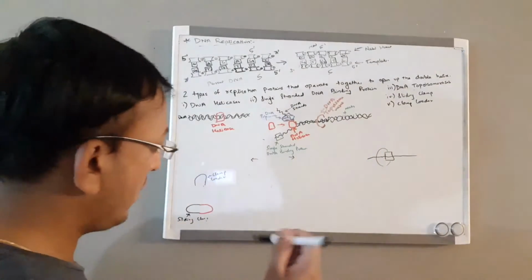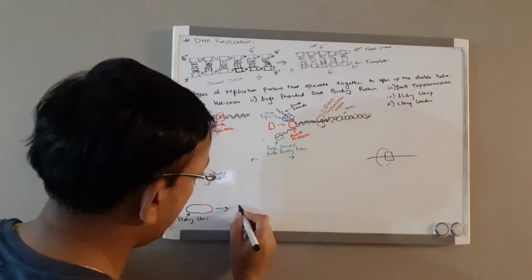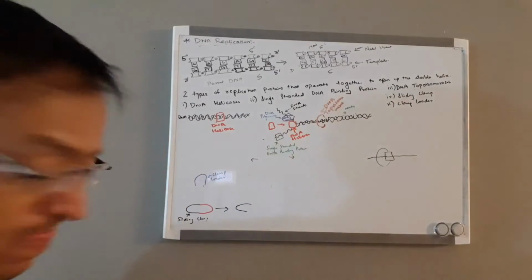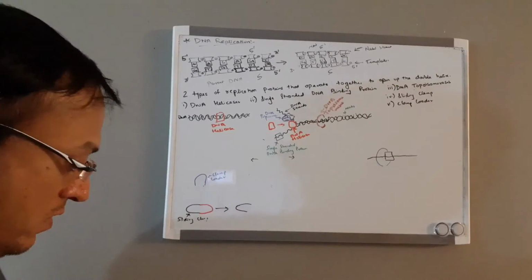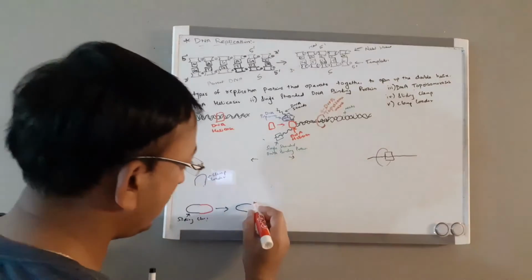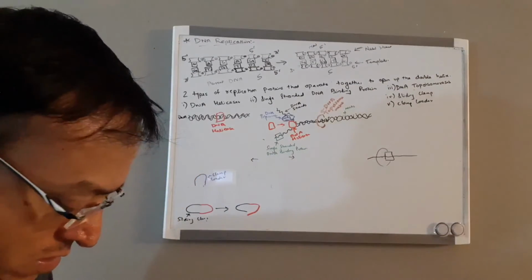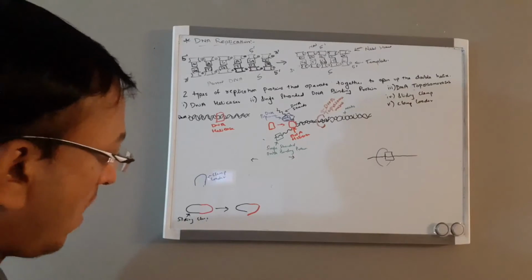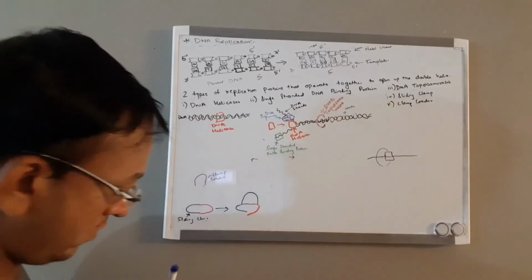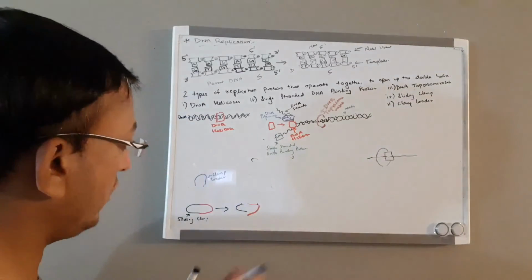So for example, let's see now. We have this, and this. We need to use blue for the clamp loader.